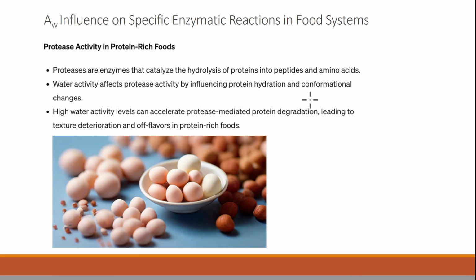High water activity level can accelerate protease-mediated protein degradation, leading to texture deterioration and off flavor in protein-rich foods. If you're making a cookie containing a lot of protein due to the use of eggs, or any product basically, even meats, beef, etc. In the presence of protease, the enzyme may come from fruits like papain.